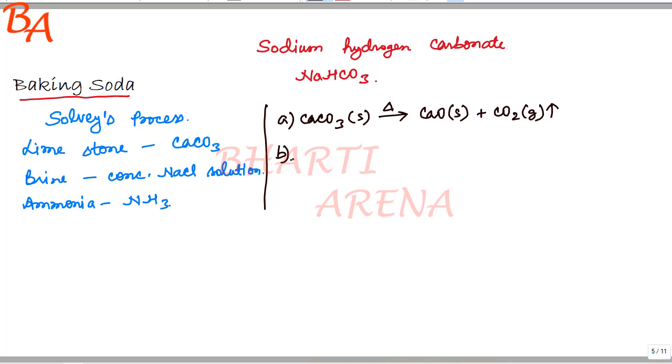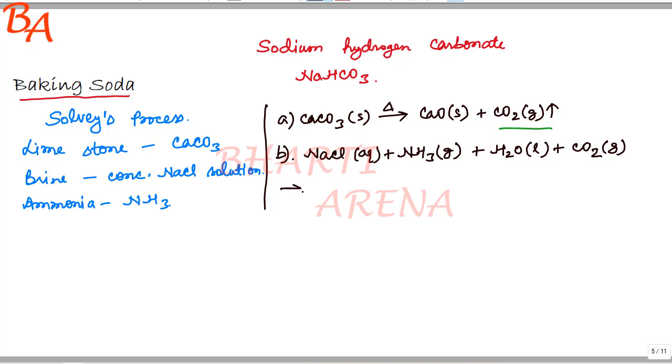In the next step, this carbon dioxide gas is passed through cold brine saturated with ammonia: sodium chloride aqueous, that is brine, saturated with ammonia, NH3, plus water, plus the carbon dioxide gas released in the first reaction.